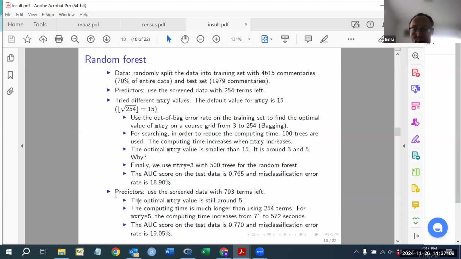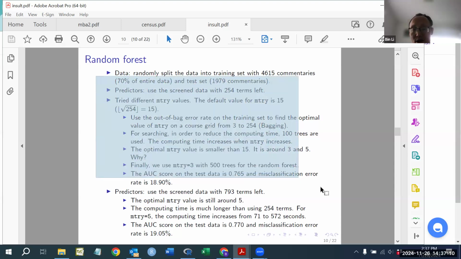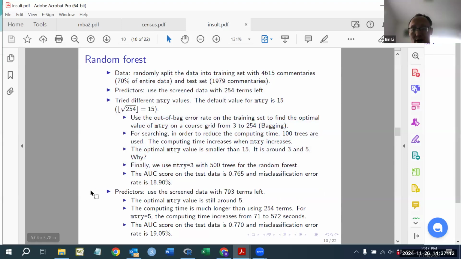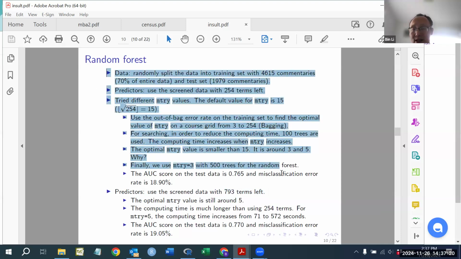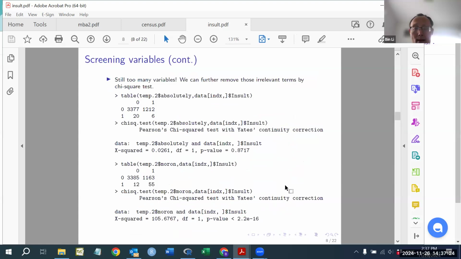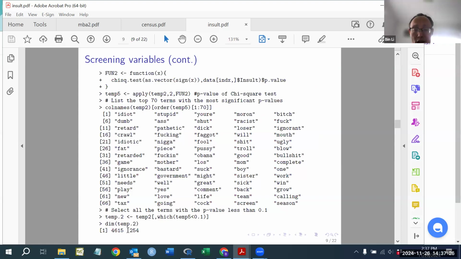So compare these results with the screen data with about 800 terms left. Okay, so these are the results based on these 254 terms.